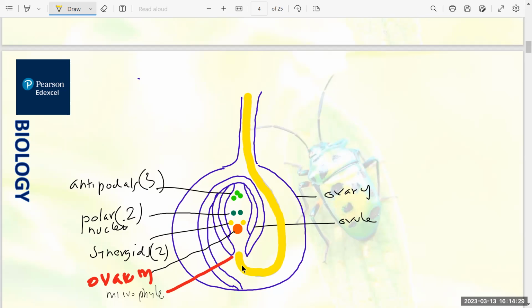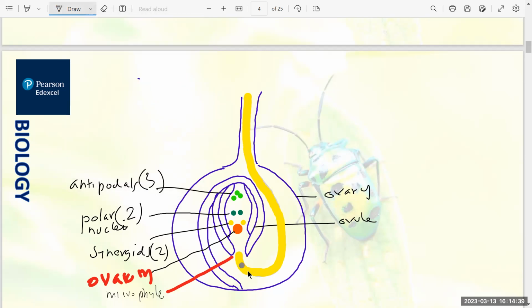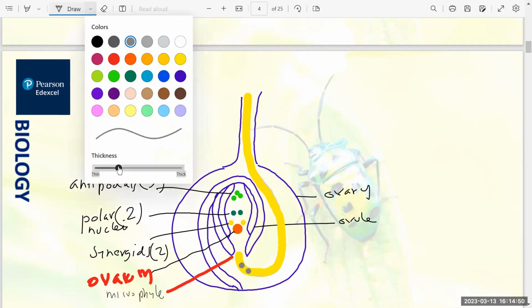When pollen tubes grow close to the micropyle, we can still find these two generative nuclei. And when it comes to the micropyle, the tube nucleus breaks down.